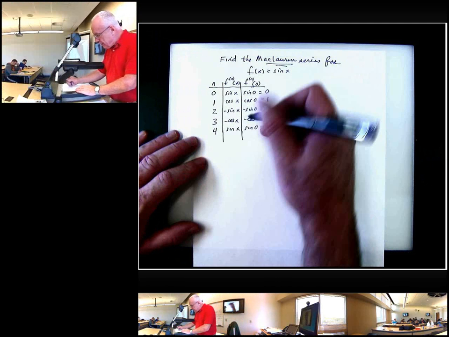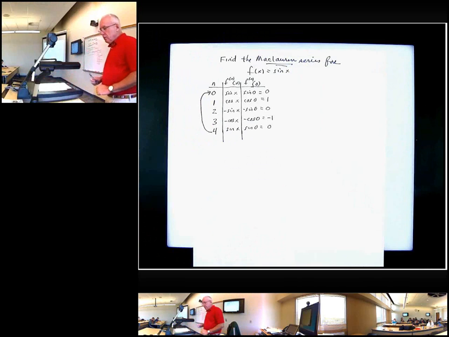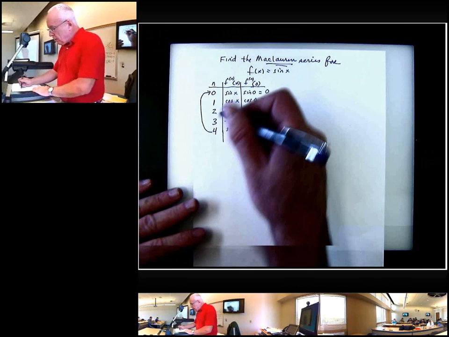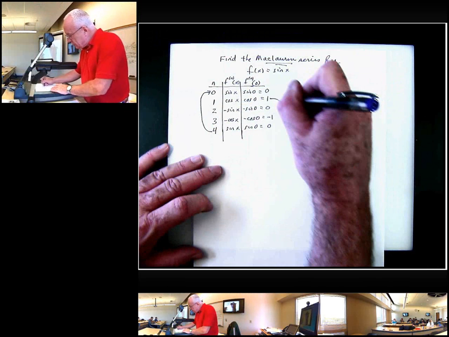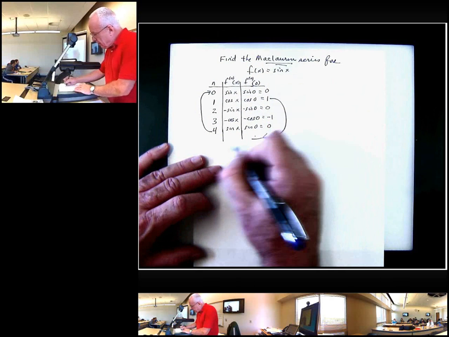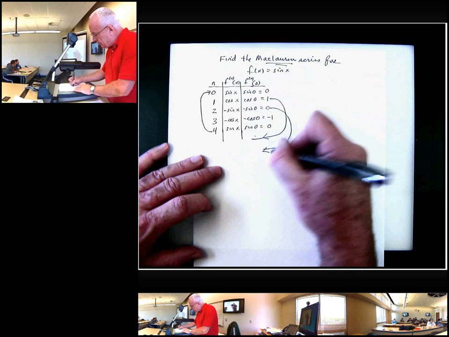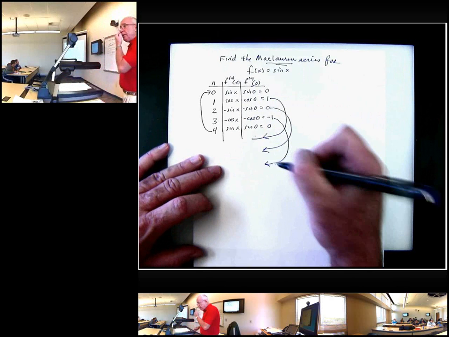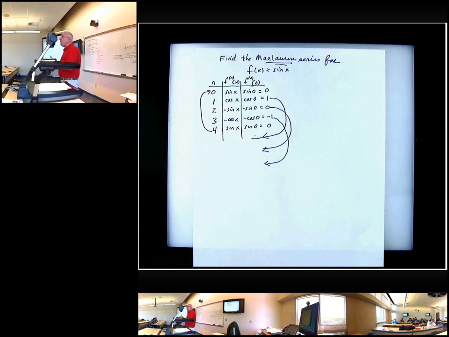Notice that we are now back to our initial case here. All right. And so it just keeps repeating. Our next case will be this first case here. This case will then be the one after that. This case will be the one after that. We have a repeating pattern because of how the derivatives just keep repeating themselves.